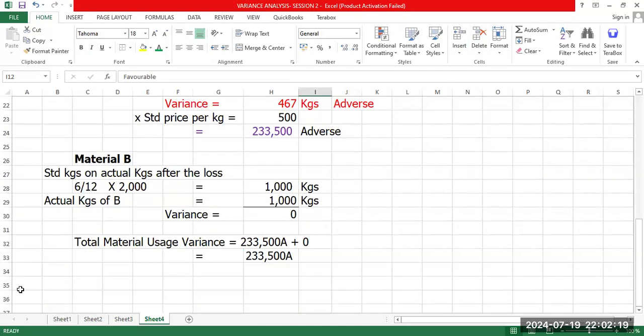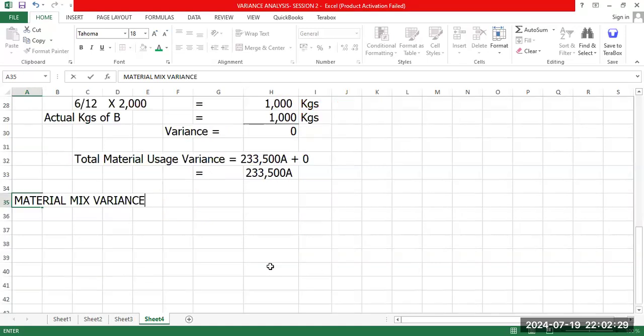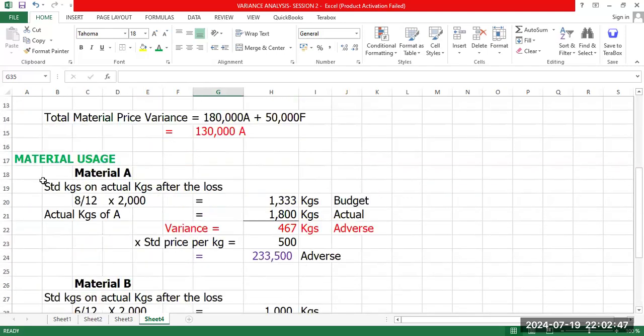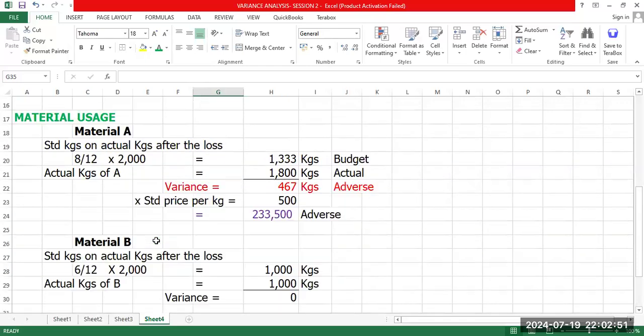We go to material mix variance. With material mix variance, you always look at before the loss. With material usage, it is after the loss. Here it is before the loss.